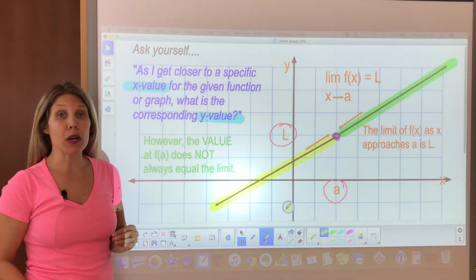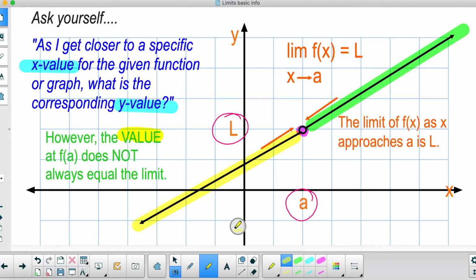One other thing we must discuss is the value of the graph. So the value of the function at x equals a does not have to equal the limit. So for example, let's say I put my dot right here. That is a closed-in circle.